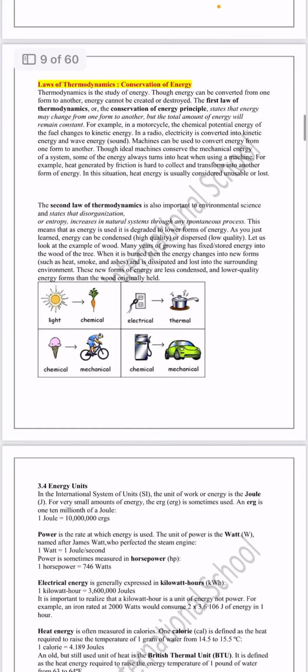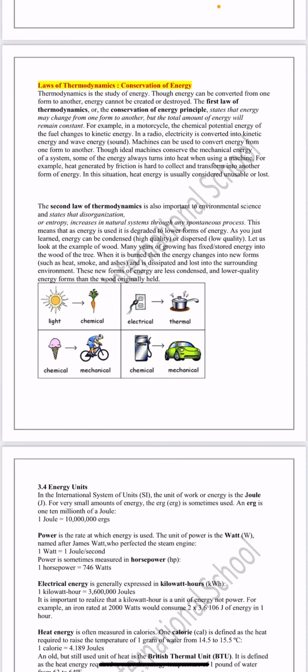Okay. You have to know that we have a law that's called the law of thermodynamics. What does thermodynamics mean? Thermodynamics is the study of energy. We have two laws of thermodynamics. The first law of thermodynamics is called conservation of energy.